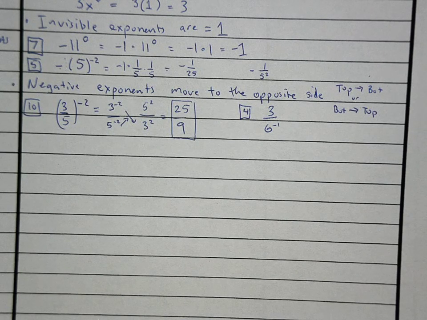Three over 6 to the negative 1. Go ahead and try it. See what you come up with. If you have a question, you can ask the person you're sitting next to.